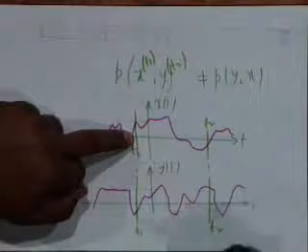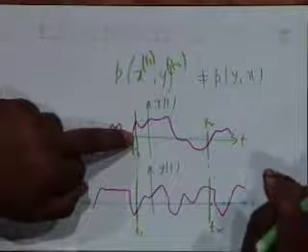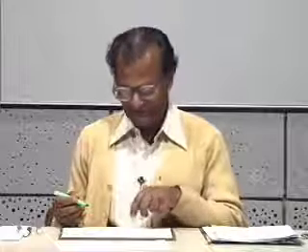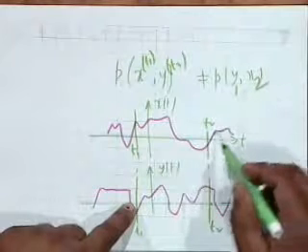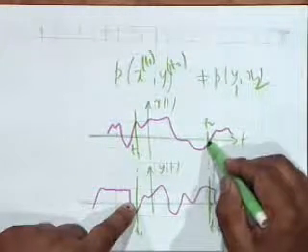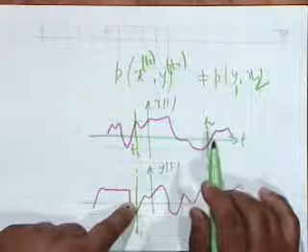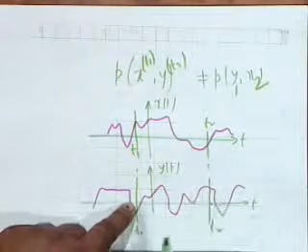On the other hand, if we interchange t1 and t2, the absolute value of the time difference remaining the same, then we are talking of y1, that is y at t1, and x2, that is x at t2. Obviously, this random variable and this random variable are not the same as x1 and y2, and therefore their probability densities shall be different.